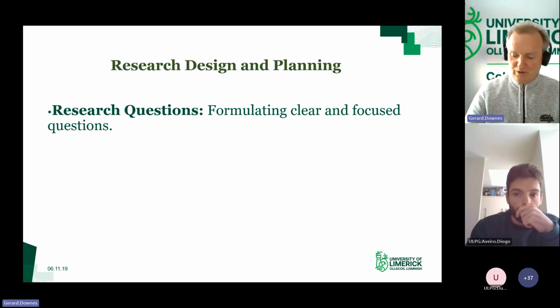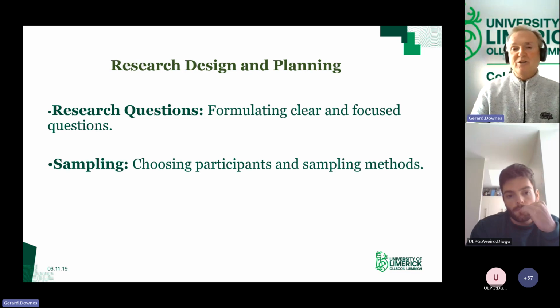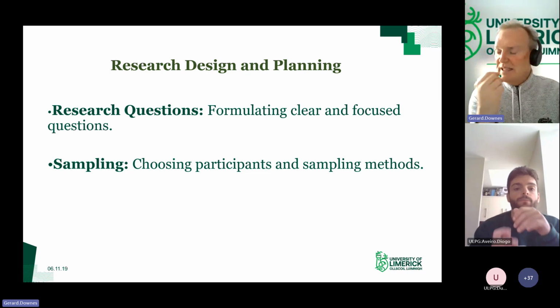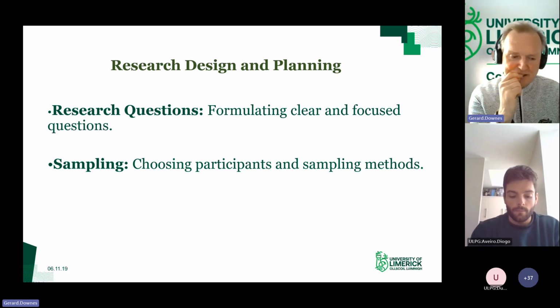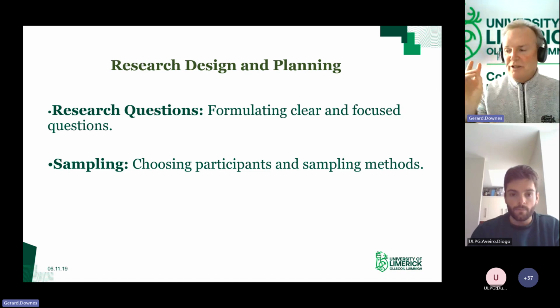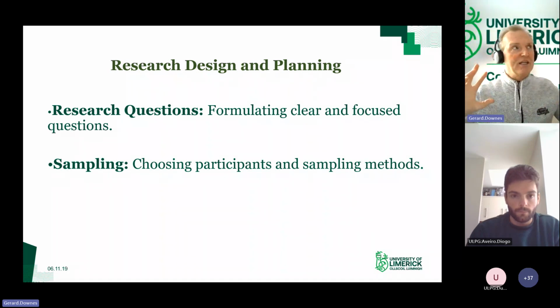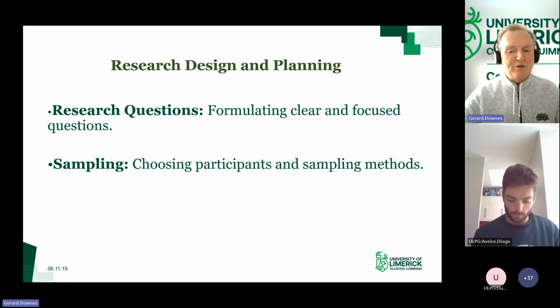Okay, now sampling. Again, this is going to be an important factor for yourselves if you're conducting qualitative research. When you come to the research design stage, you really have to think, well, what kind of participants am I going to choose?